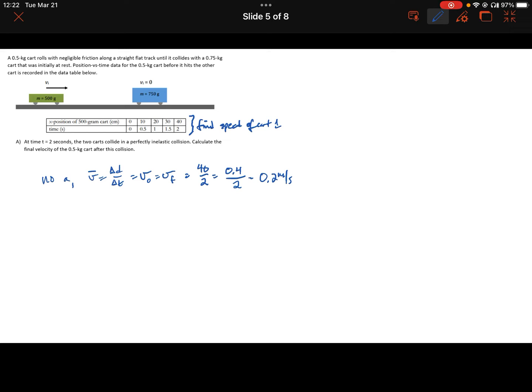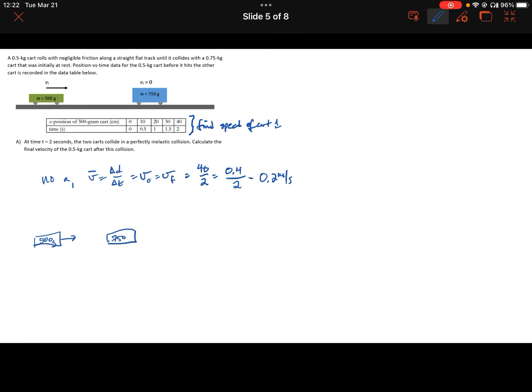With that information, we can now put together a drawing that will help us find the final velocity of cart two. And again, you could use the solver for this, or you can use the math, which is not super complicated. So what we're looking at is a collision that looks like this.